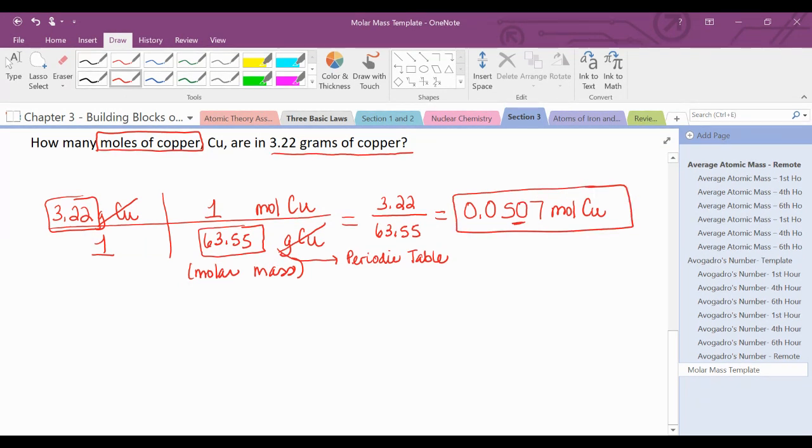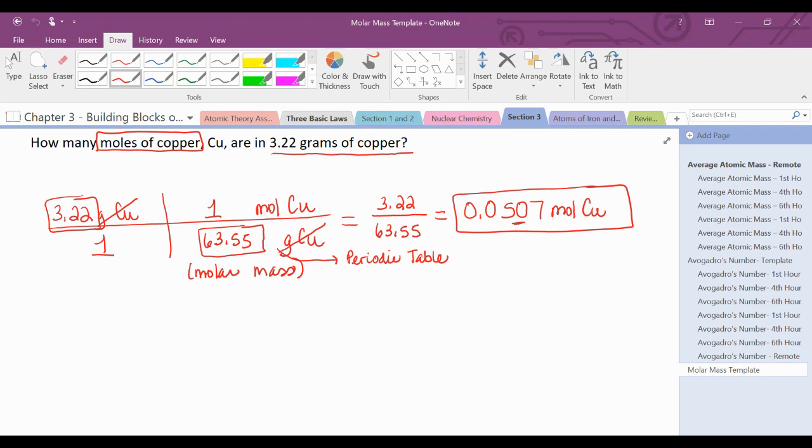Okay, so in review, our conversion factor today was molar mass. So think of it this way. If I have a dozen eggs and a dozen elephants, there's 12 of each because they were both a dozen, but they don't have the same mass.